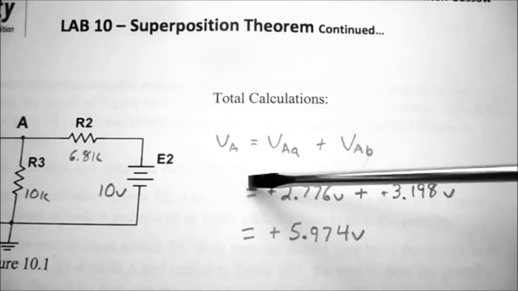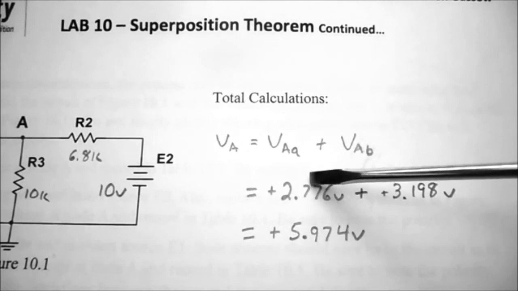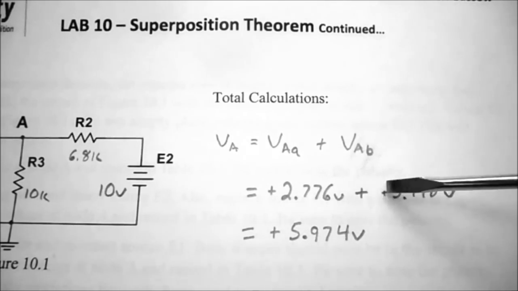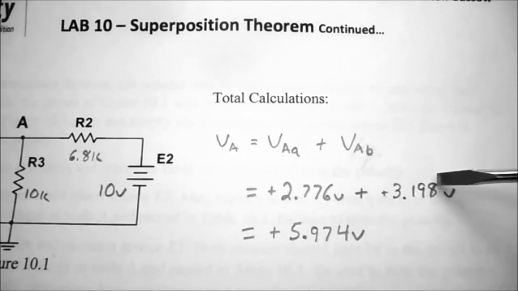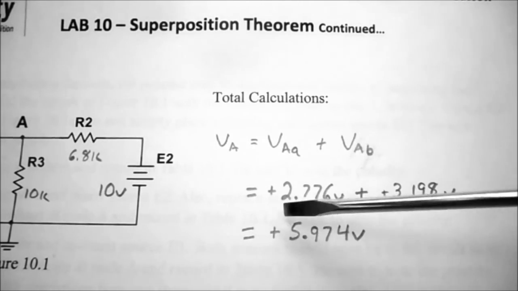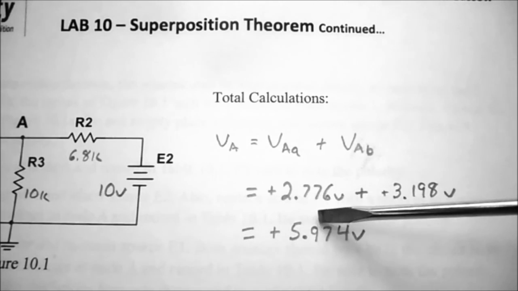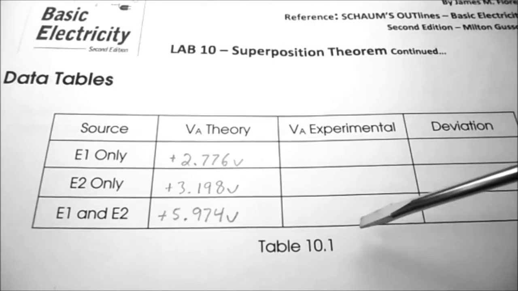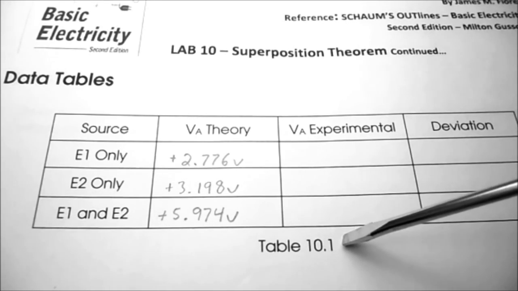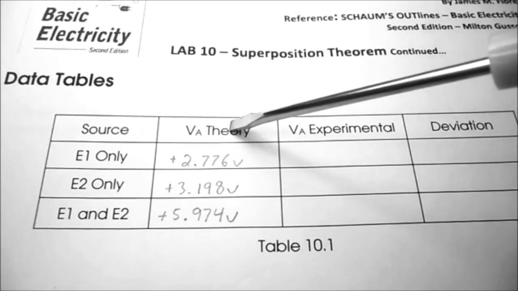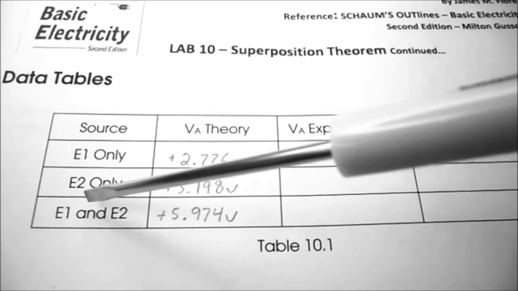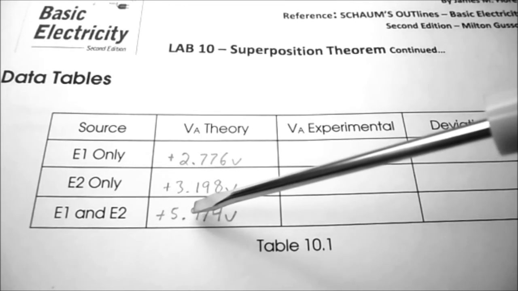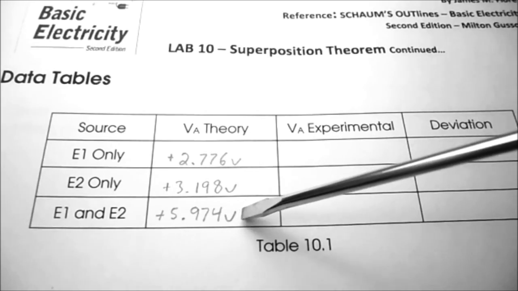So that works out to plus 2.776 volts plus the positive 3.198 volts, and that works out to plus 5.974 volts. So in table 10.1, under VA theory, for E1 and E2 combined, I record plus 5.974 volts.